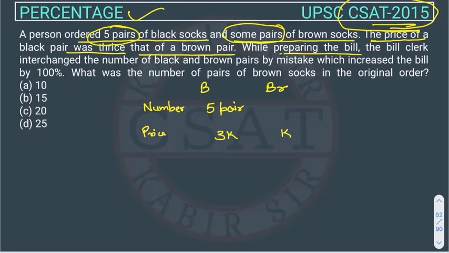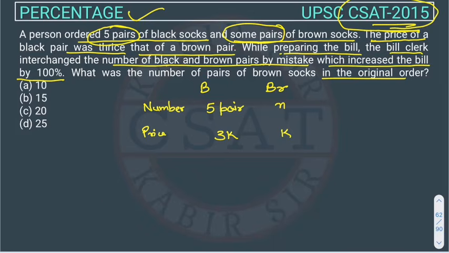While preparing the bill, the clerk interchanged the number of black and brown pairs by mistake. So suppose the number of brown socks he ordered was n, which increased the bill by 100%. What was the number of pairs of brown socks in the original order?